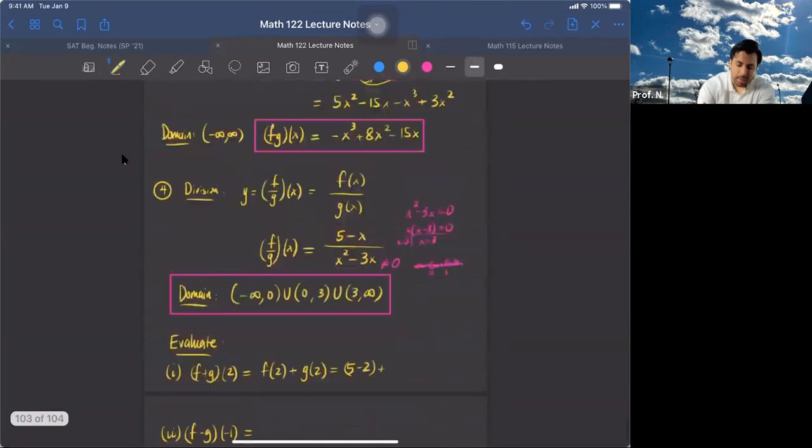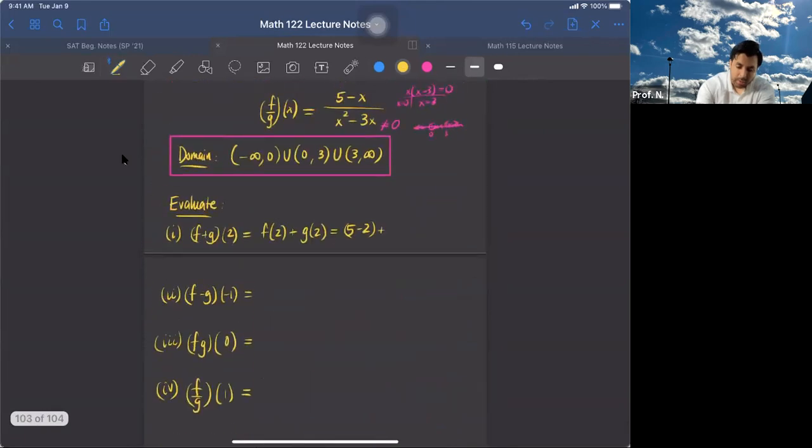So this would be 2 squared minus 3 times 2. Do you see what I'm doing here? I'm evaluating each of these functions individually and then combining them. This would equal 3, and this would equal 4 minus 6. So 3 plus 4 is 7. 7 minus 6 is equal to 1. So the result, when I evaluated f plus g of 2, is 1.